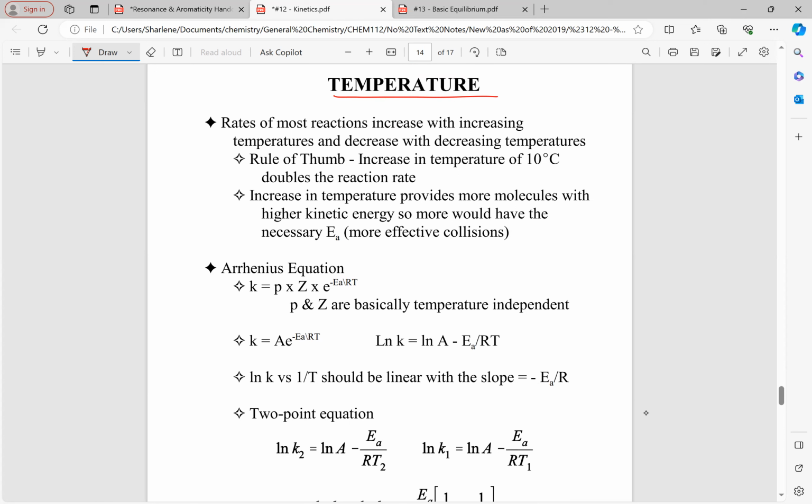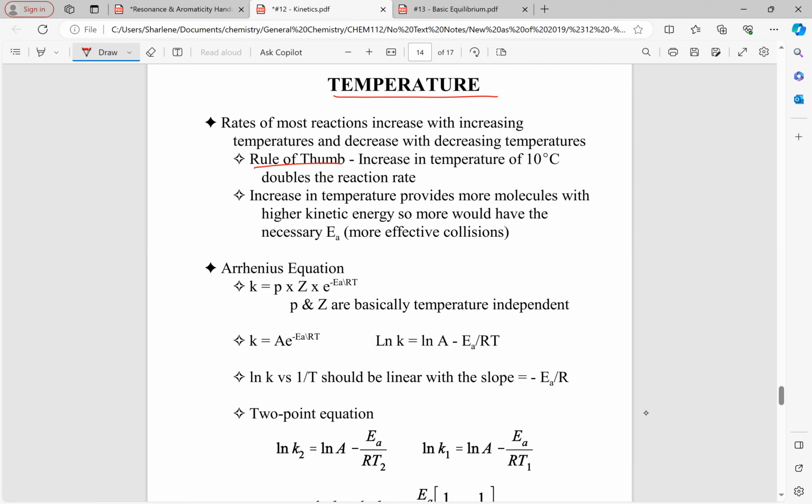The rates of most reactions generally increase with increasing temperature, and they decrease with decreasing temperature, which should make sense because the collisions, you have to give them energy to get in the right orientation, and then you have to give them enough energy so that if they do collide, they have the minimum amount to go on and react. And temperature is usually the energy of choice, specifically in the lab, so we can control it by temperature. If you increase the temperature, you increase the rate. If you decrease the temperature, you should decrease it.